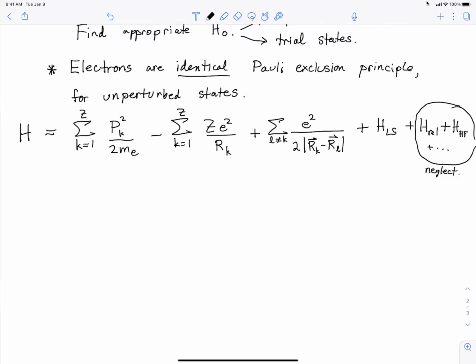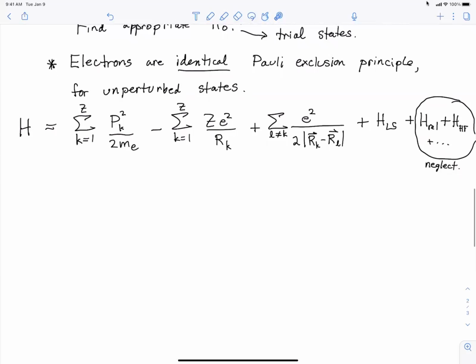Okay, so this is a complicated enough Hamiltonian, even without these terms on the end that we're not going to include. And so we need some way to deal with them. And one way, actually, it's a variety of different methods that are all part of what I would call the central field approximation.